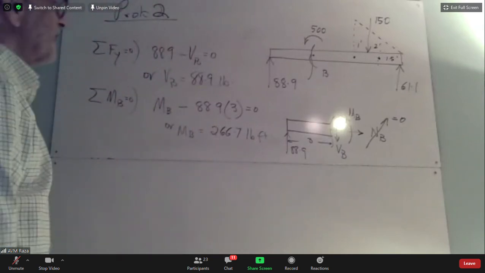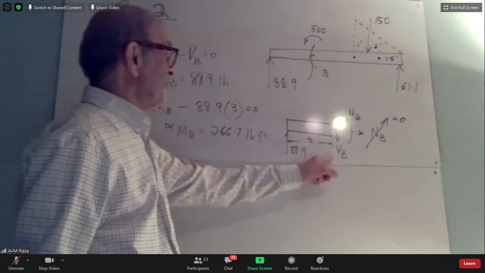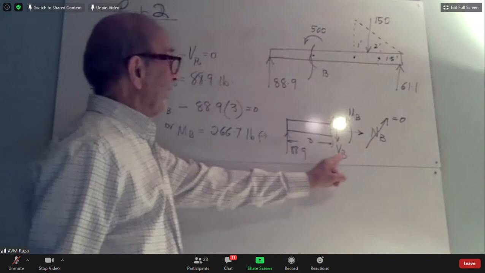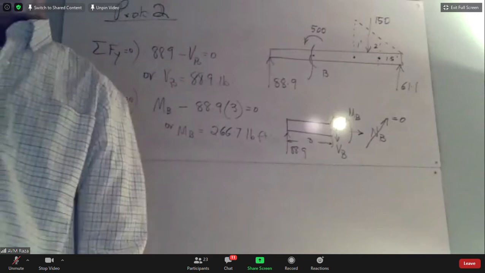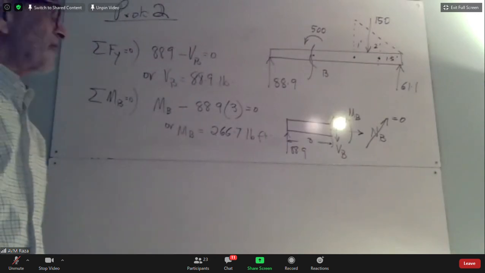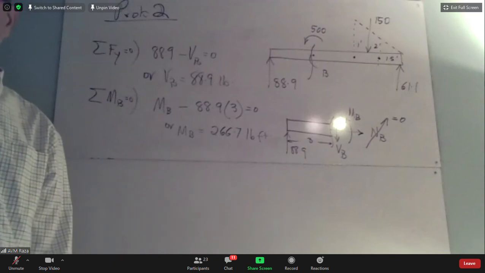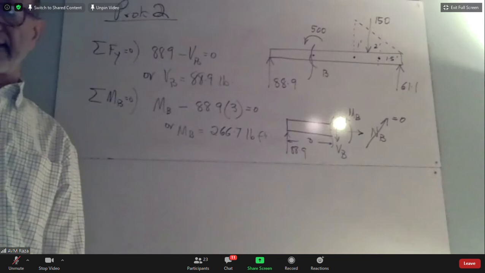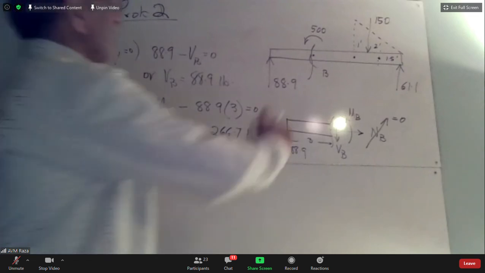So we found the internal loads at B. They are NB equal to 0, VB is equal to 88.9 downwards, and MB equal to 266.7 pound-foot. Now the next thing we have to do is find the same internal loads at point C. And to do that, we will have to take a section at C. And where is my C?